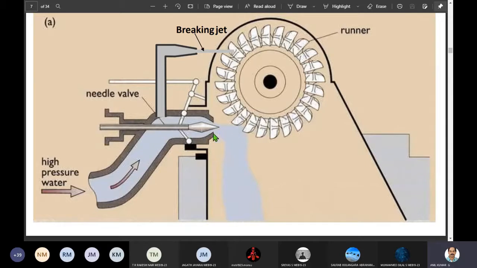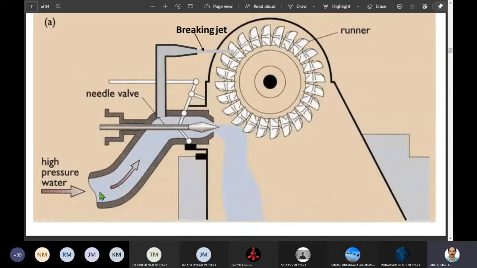It regulates the turbine discharge, the flow rate. When this spear valve is moving in, the opening will be nearly closed. When it is withdrawn, the flow rate increases; and when it moves in, the flow rate decreases. So this is a spear or needle valve arrangement used in the nozzle to regulate the flow. So what is the purpose of the nozzle?